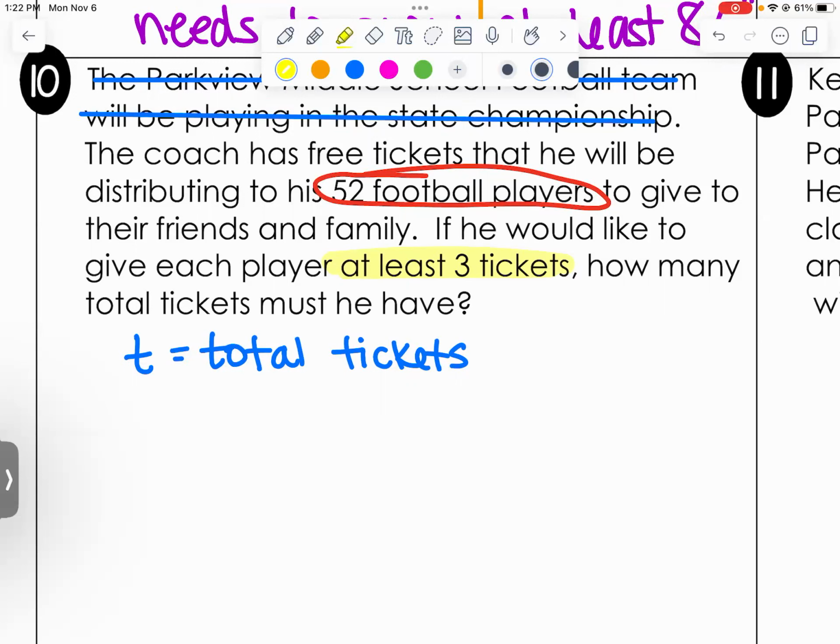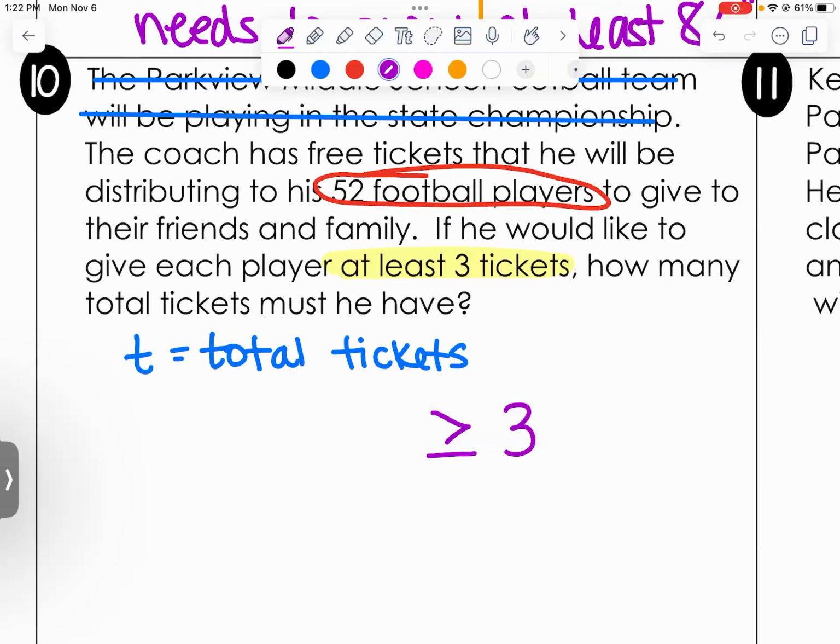So do you see at least 3 right here? Yeah. Okay, so let's talk about what that means. Tony, at least means what? All right, where do I put the 3? At least 3.